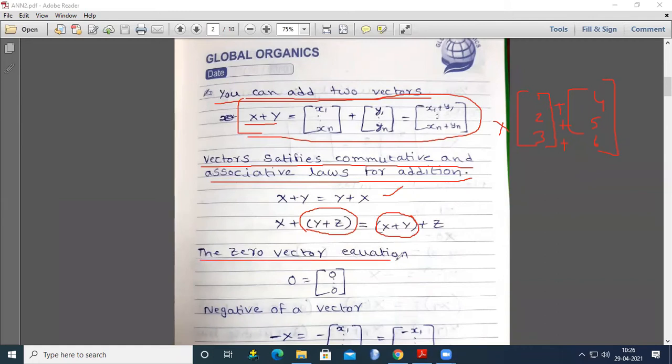And the zero vector, indicated by O, has all the scalars, all the entries, equal to zero. So we call that the zero vector equation.